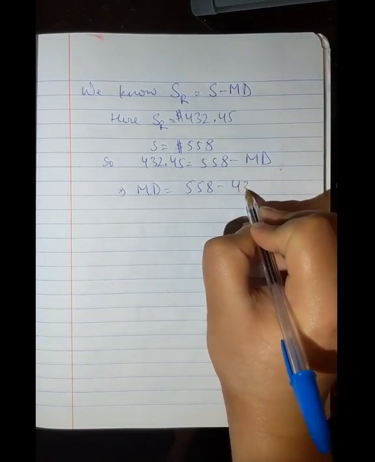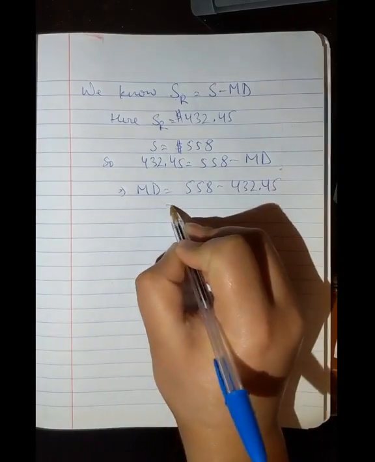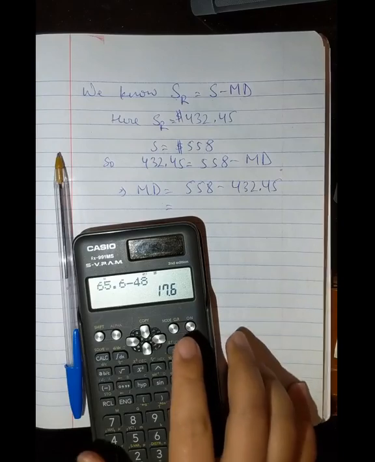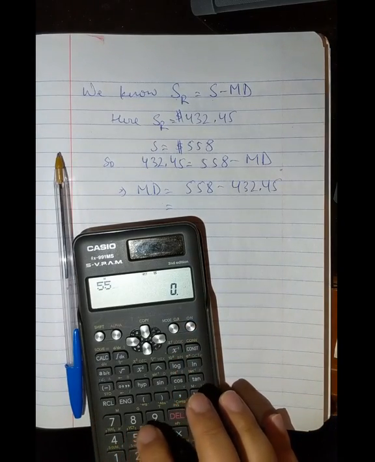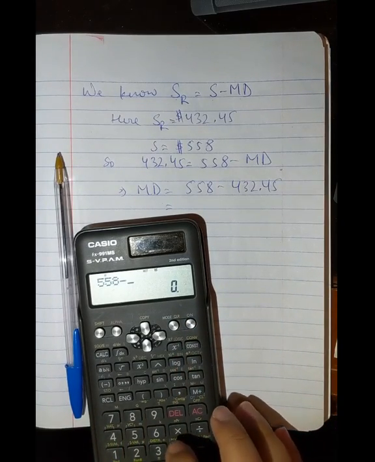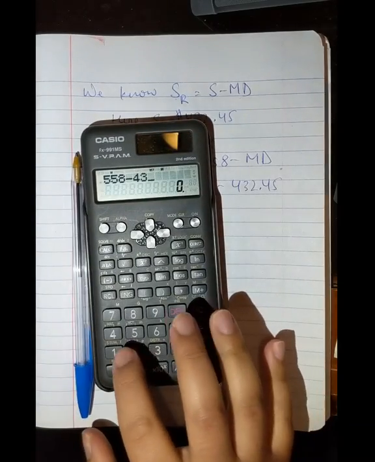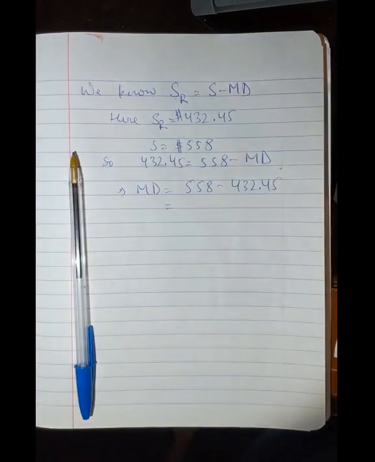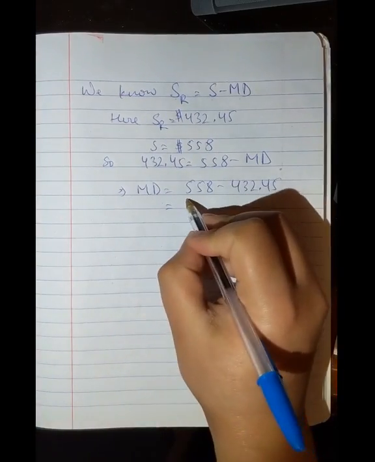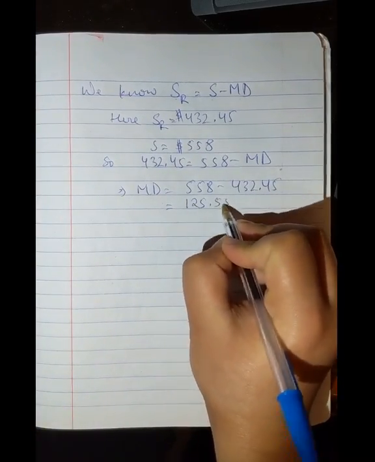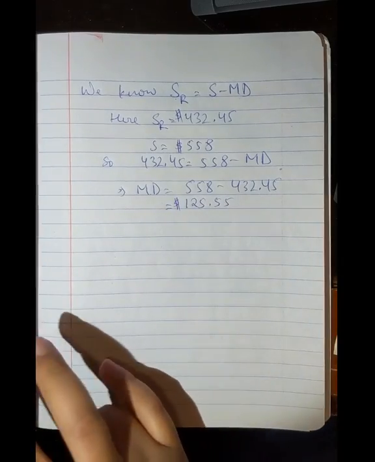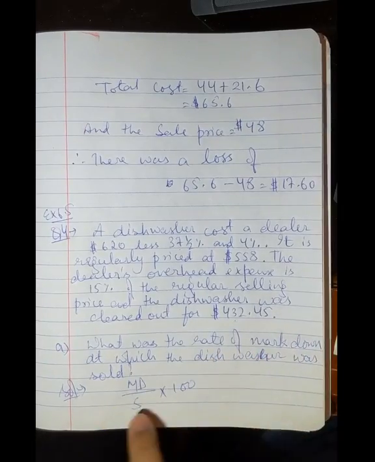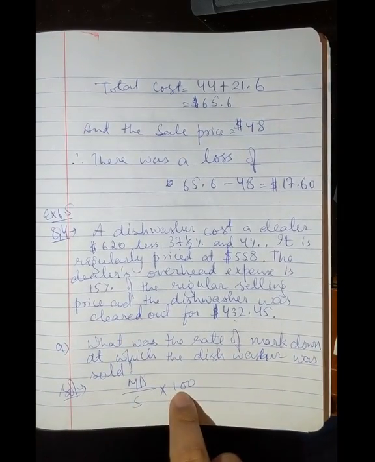558 minus 432.45. I have the calculator. 558 minus 432.45. This is 125.55. So I got MD. I need to find the rate of markdown, which is MD over S times 100.